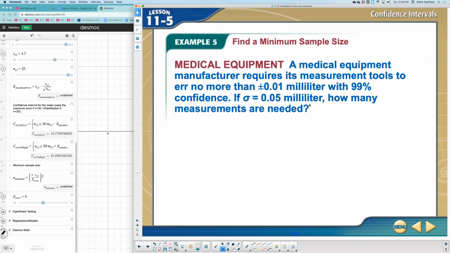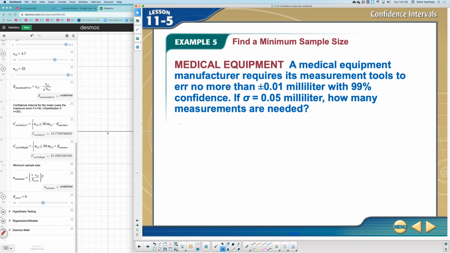It says this: a medical equipment manufacturer requires that its measurement tools' error be no more than plus or minus 0.01 milliliter with 99% confidence. If our standard deviation is 0.05 of a millimeter, how many measurements are needed? So let's write out our values. Here's what we know.